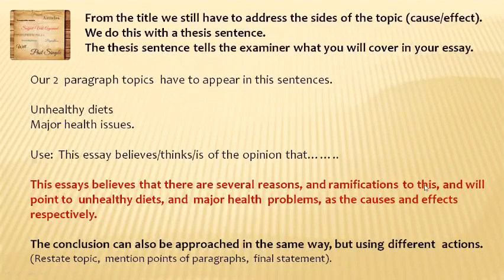So this refers back to obesity and will point to unhealthy diets and major health problems as the causes and effects respectively. Most of you should know how that works: this one first, this one second, this one first, this one second. That's what respectively means. So the conclusion can be done in the same way, except you'll have different points. You'll restate the topic, you'll mention the points in the paragraph and make a final statement. But we're not doing that in this video.